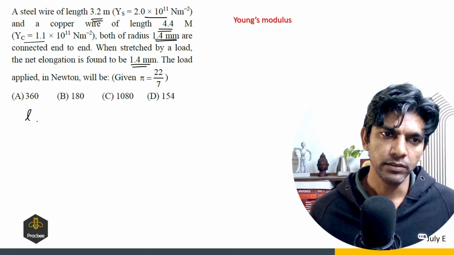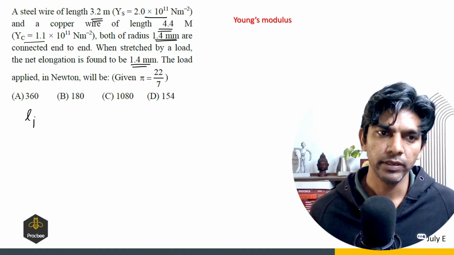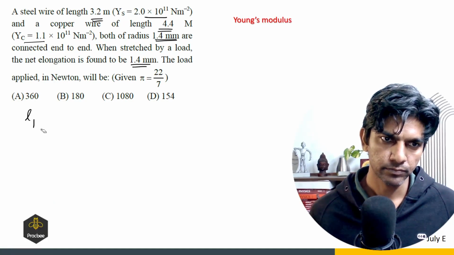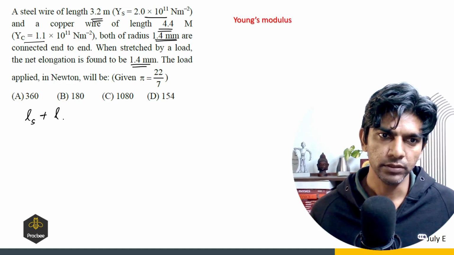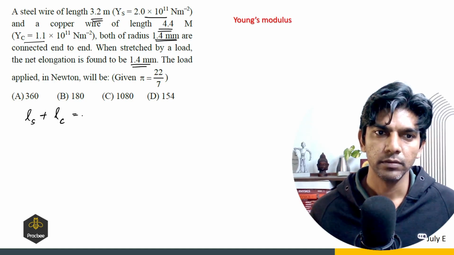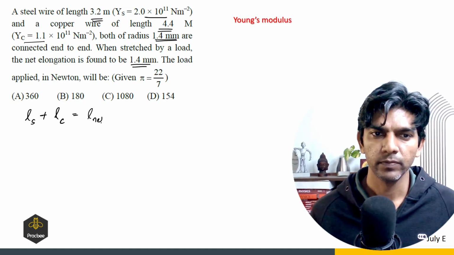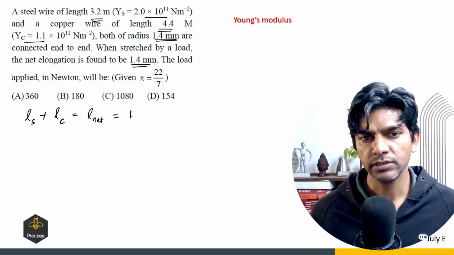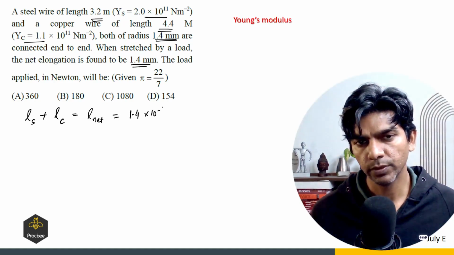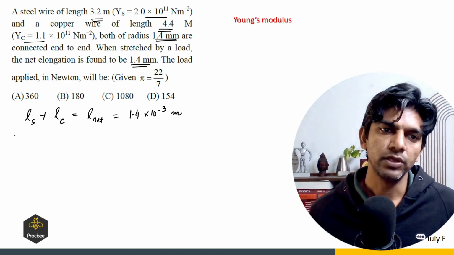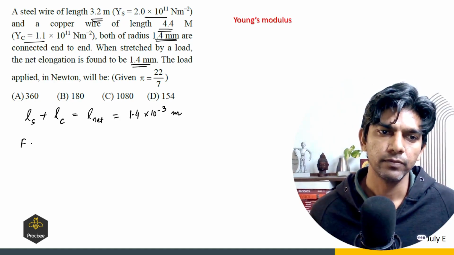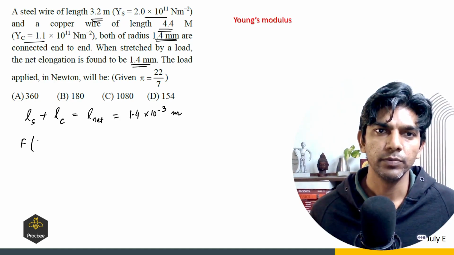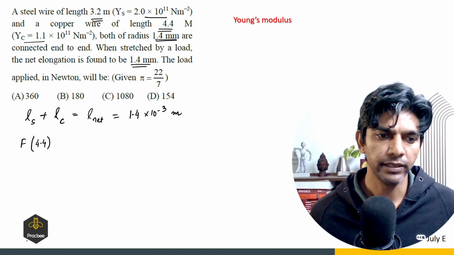So we can say the elongation in steel plus the elongation in copper will be the net elongation, right? And this net elongation is given as 1.4 × 10^-3 meters. So the elongation in steel can be written as FL upon AY. Sorry, length is 3.2.